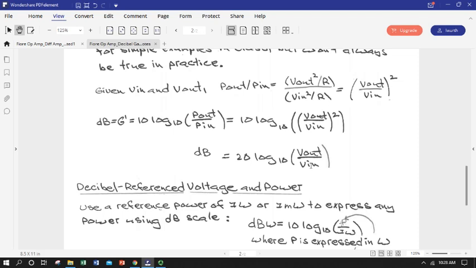So say I wanted to express 10 volts on the decibel scale. You might ask, well, wait a minute, you can't do that because this needs a voltage ratio. And what if I said, okay, fine, just assume V in on the denominator is 1 volt.